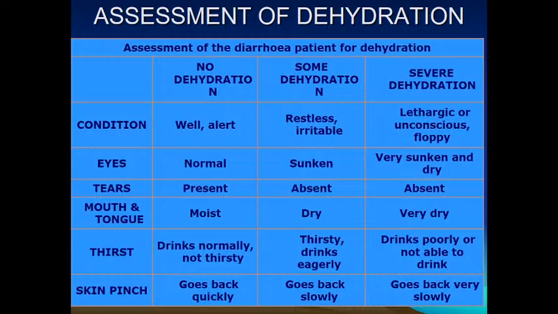Tears, if they are absent, there is dehydration. Tongue and mouth dry or very dry, dehydration. Feels thirsty, and as the dehydration increases, the patient is unable to drink. So when there is severe dehydration, the person is unable to drink, that will be a problem.